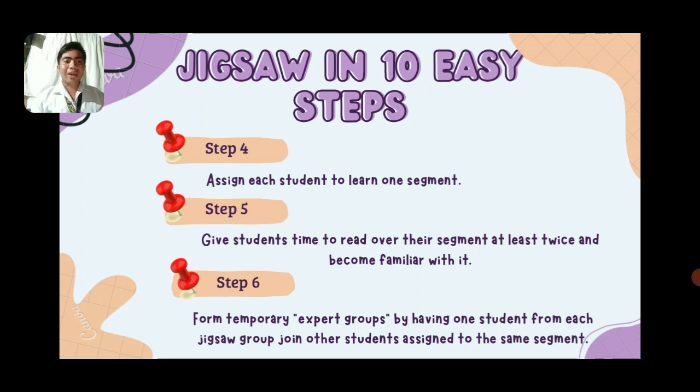They will meet together because they have the same topic or segment, and they are now called expert groups. Likewise, the students assigned to hills from groups 1, 2, 3, 4, and so on will also group together. They will brainstorm and are called expert groups.